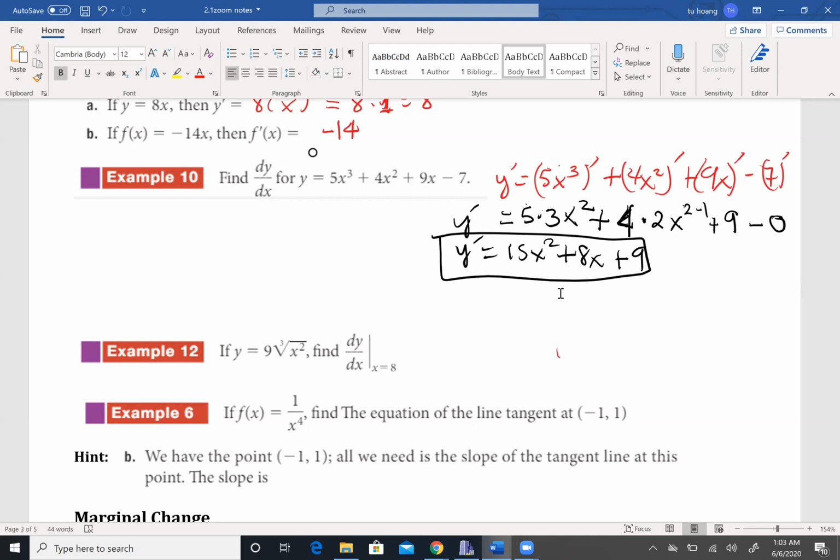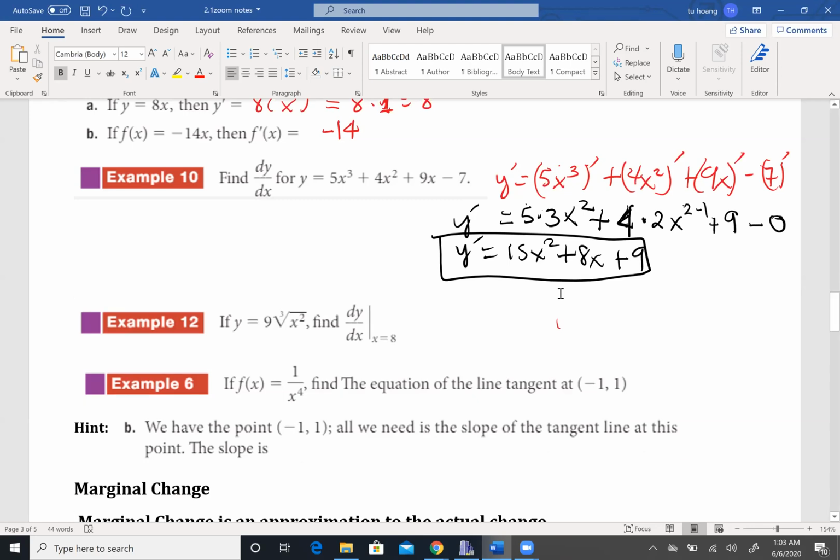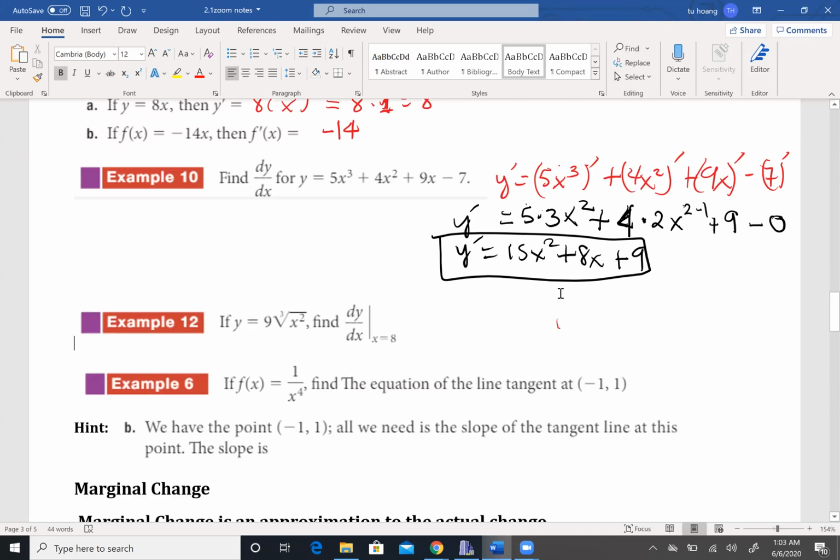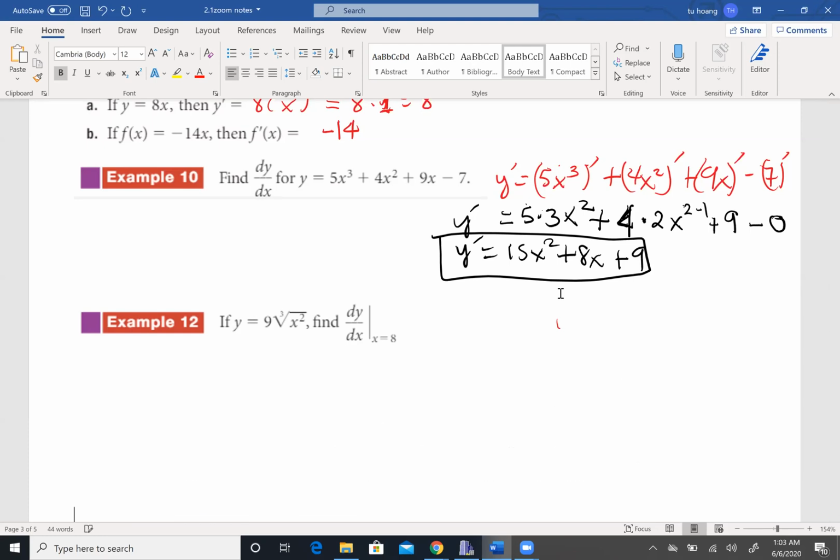If you forget some properties of the radical, I'm going to remind you now. Give me 1 second. You should know that.